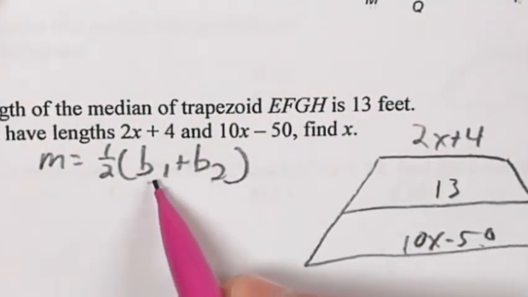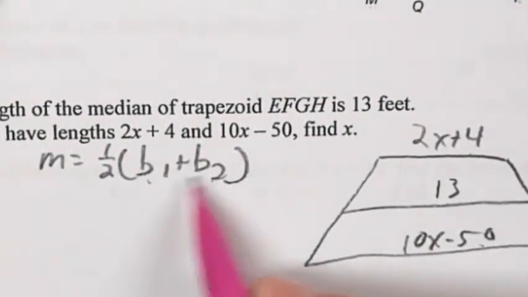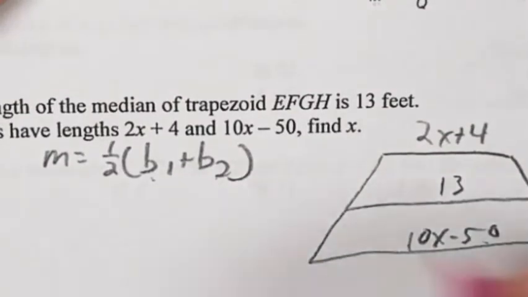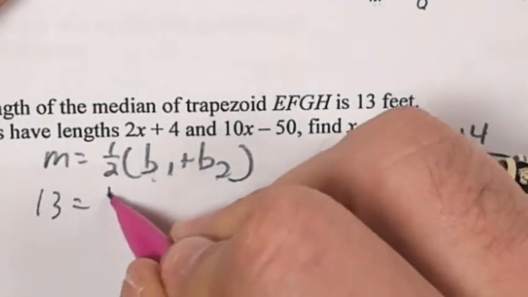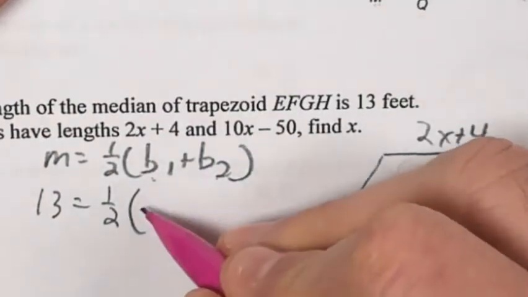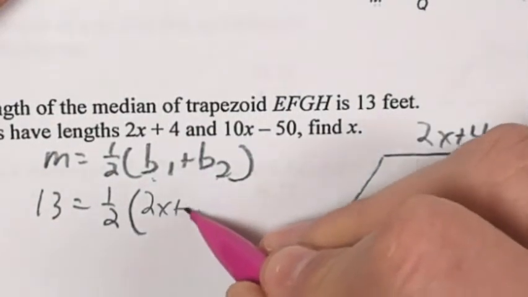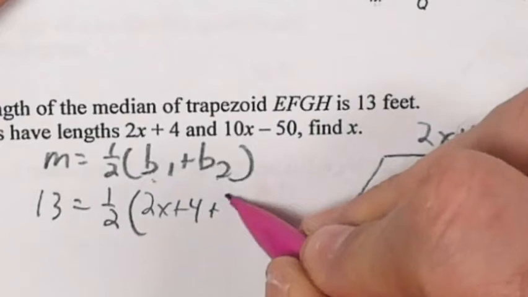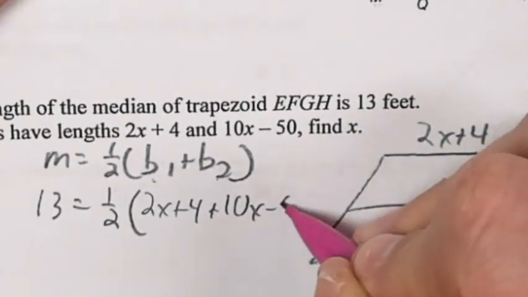See here, it doesn't matter if I was to do base 2 plus base 1, it still comes out the same. So we're going to plug in 13 equals 1/2 times base 1, 2x plus 4, plus base 2, which is 10x minus 50.